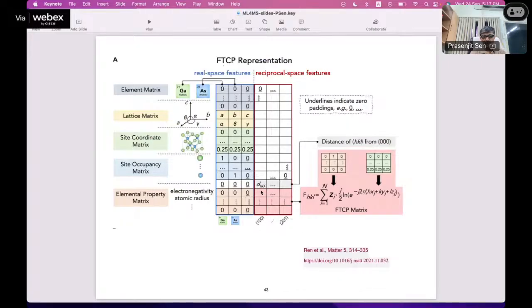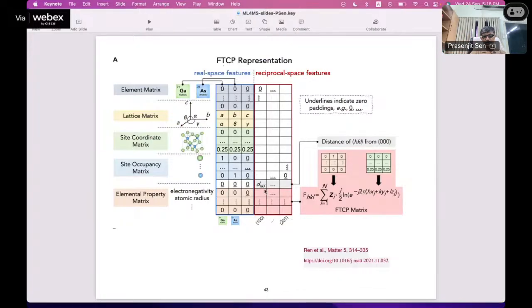Now, what are the entries in the reciprocal space? These are Fourier transforms of the chemical property represented in this line. So if this line represents atomic numbers, these would be Fourier transforms of those quantities at different reciprocal space lattice vectors.